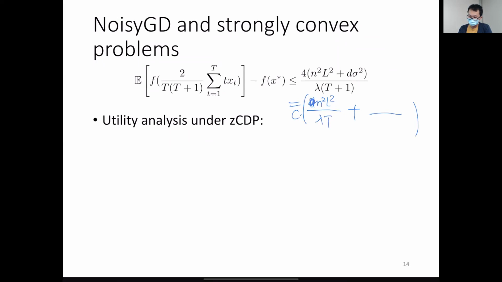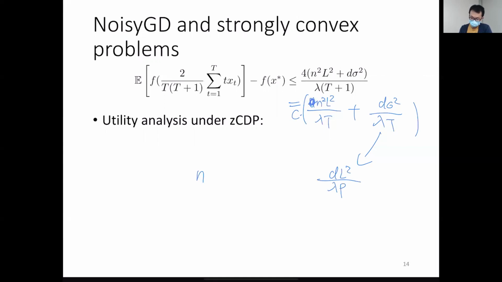The second term will be d sigma squared over lambda t, right? So sigma squared over t, we've seen this many times already. So this is equal to d L squared over lambda times rho, and rho is our CDP parameter that we require.